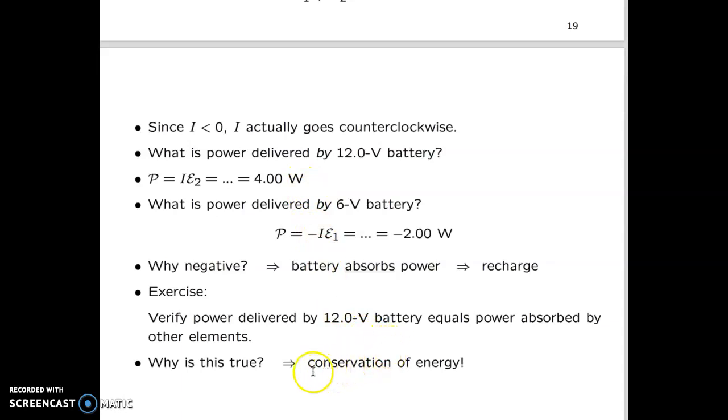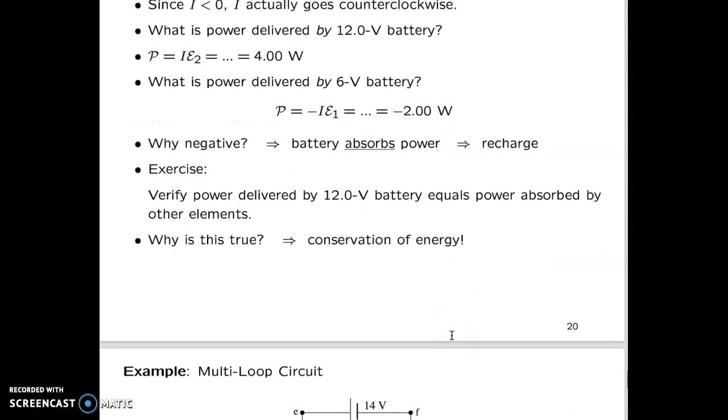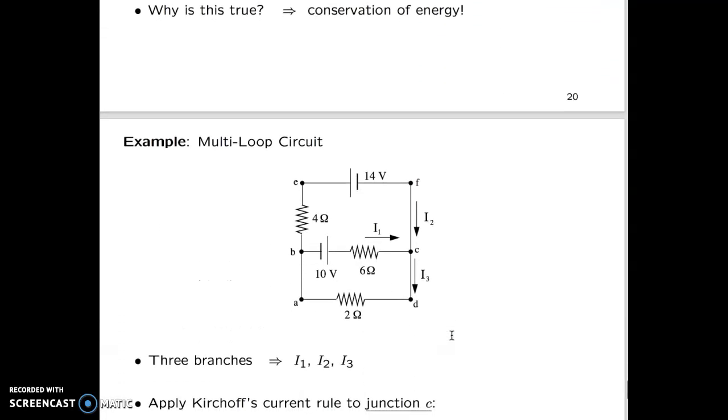And all this is just simply saying that energy is conserved. However much energy in any given time is given by that 12 volt battery, that must be equal to the rate at which energy is being absorbed by the 6 volt battery and the rate at which heat is being produced in the resistors.